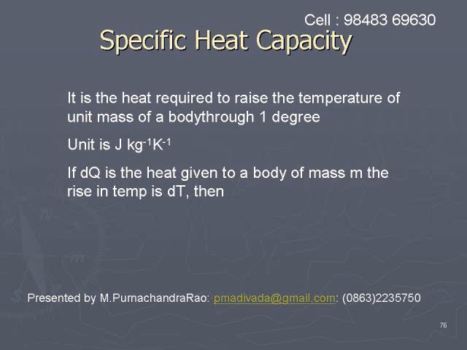In SI system, the unit is joules per kg per Kelvin. If dQ is the heat given to a body of mass m, and thereby the rise in temperature is dT, then specific heat capacity is equal to 1 by m into dQ by dT.